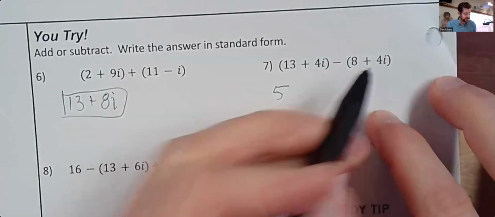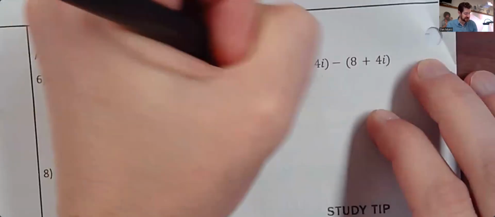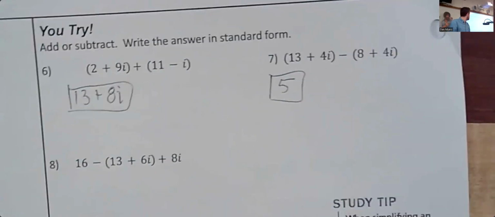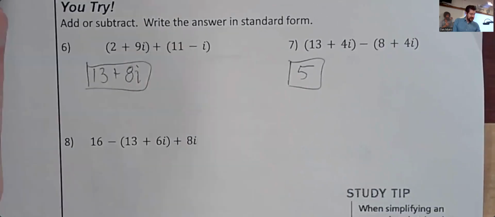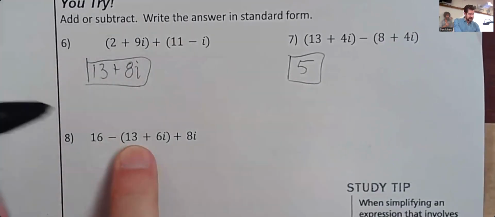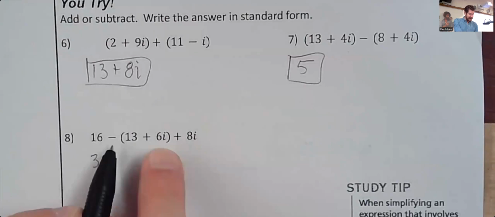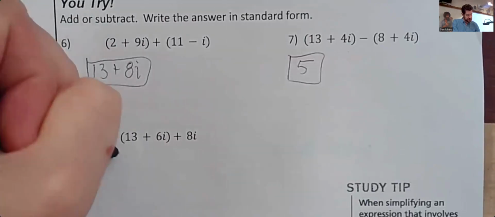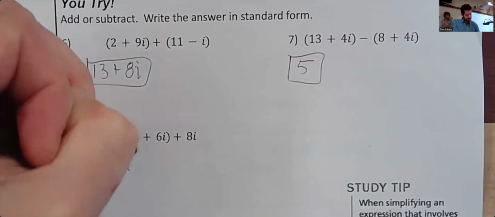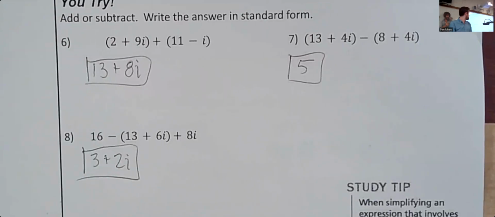And then 4 minus 4 would be, well, that's 0, so that number is just 5. And then this last one here, let's see, 16 minus 13 is 3, and then negative 6 plus 8 is positive 2, so 3 plus 2i. All right, nice and quick for those.